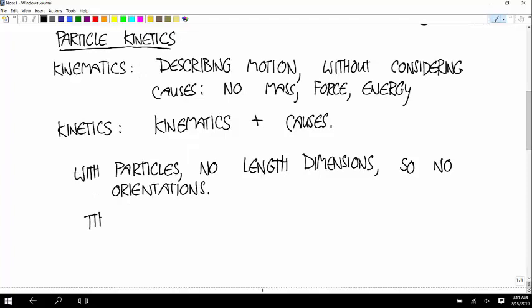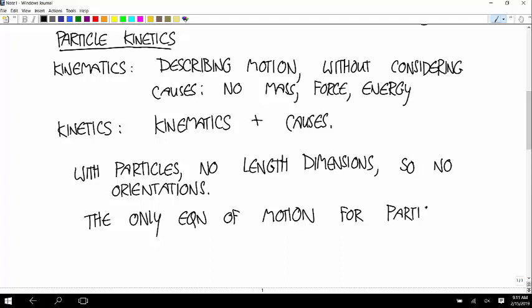The only equation of motion, that's an equation that relates the causes to the kinematics for particles, is Newton's second law.